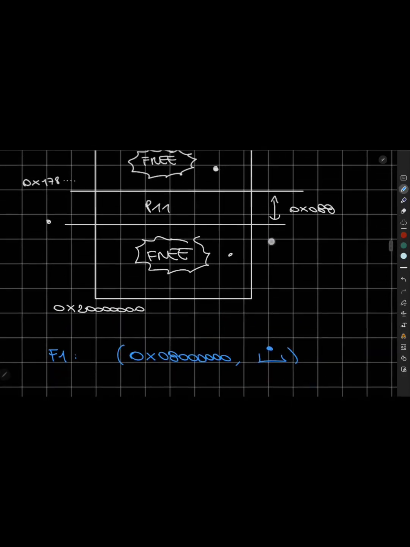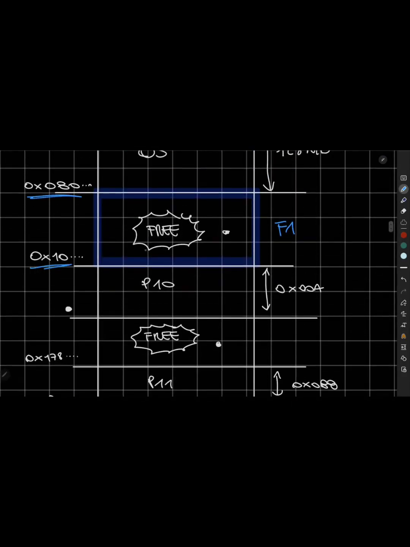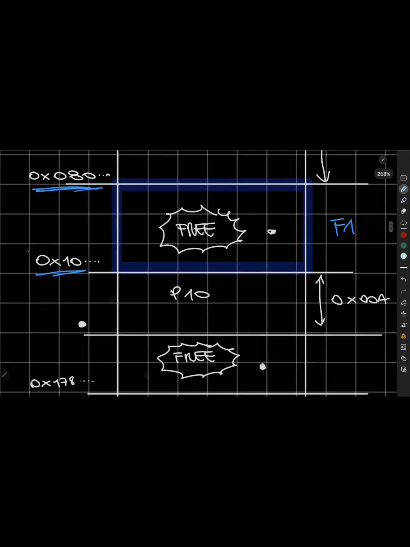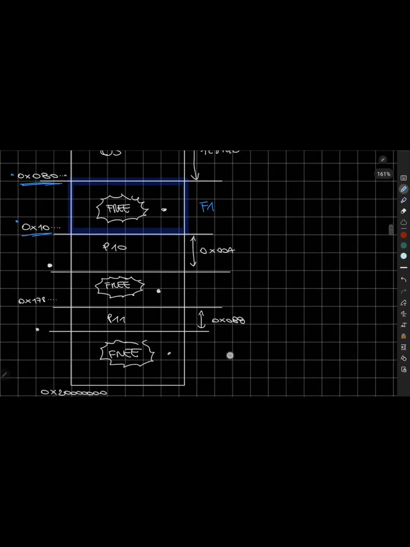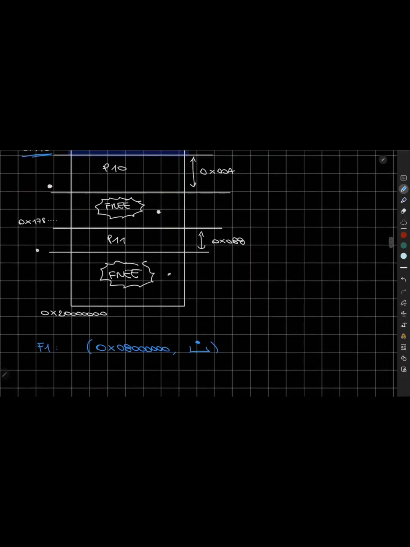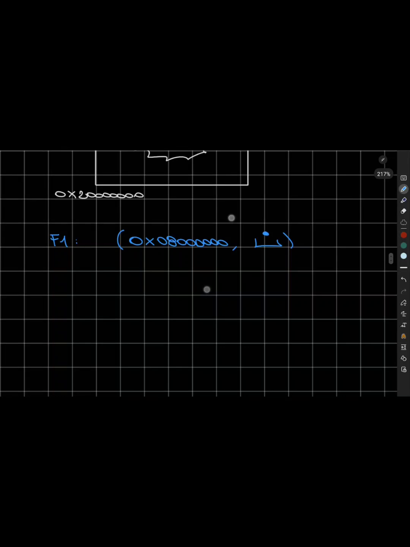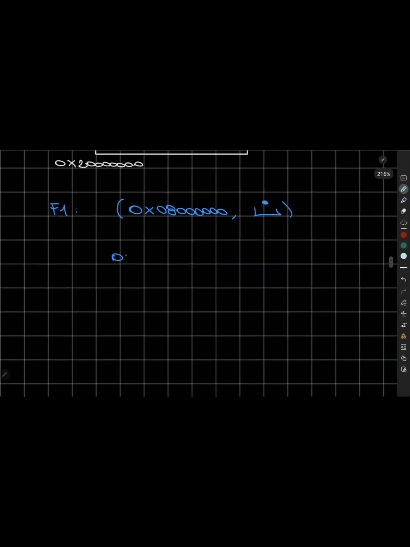How can I calculate the size? Of course, I know the last address of this partition and the first address. So I will simply subtract from this number this other number, and just be careful with these operations because they are done in hexadecimal. So I have 1, 0, 0, and a lot of zeros, minus 0, 8, 0, and a lot of zeros.